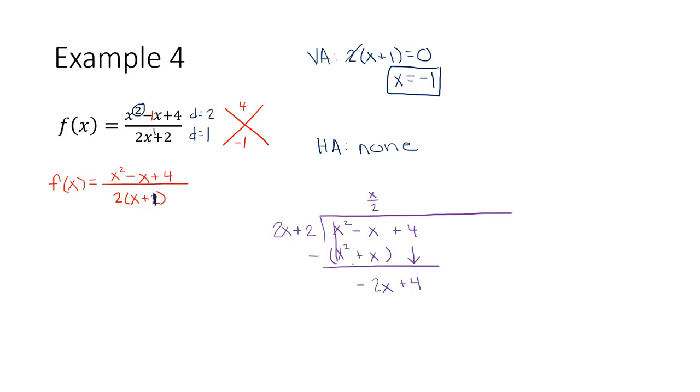Negative 2x, I repeat the process, so negative 2x divided by 2x is negative 1. Negative 1 times 2x is negative 2x. Negative 1 times 2 is, not negative 1, negative 2. Then I subtract.